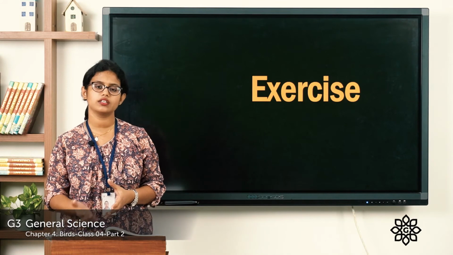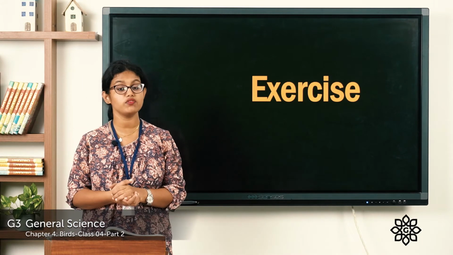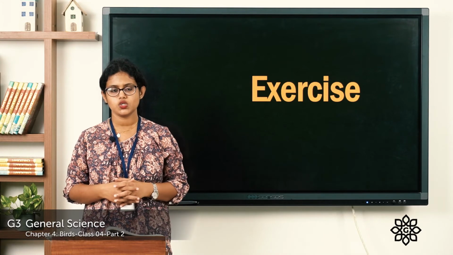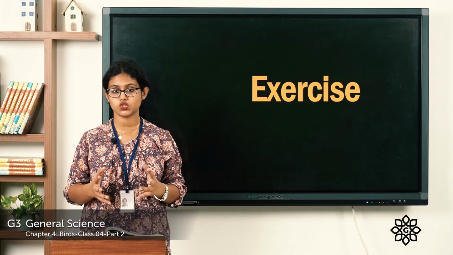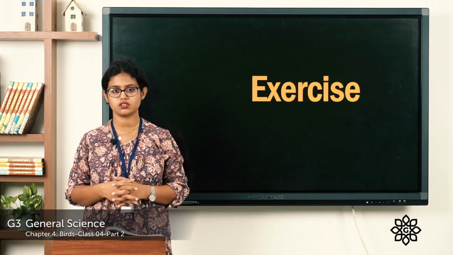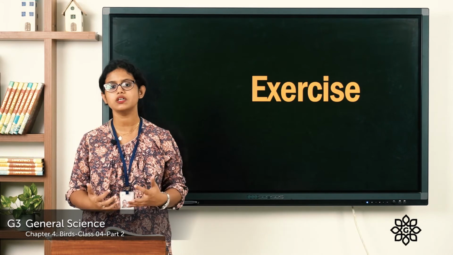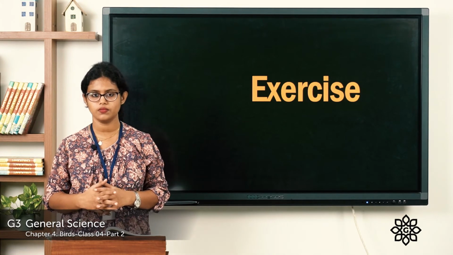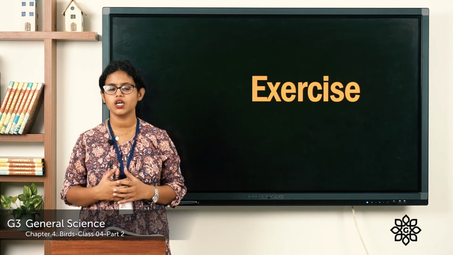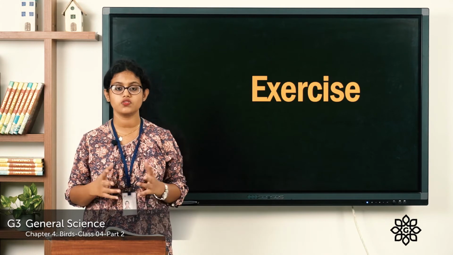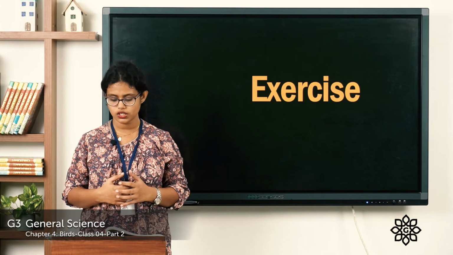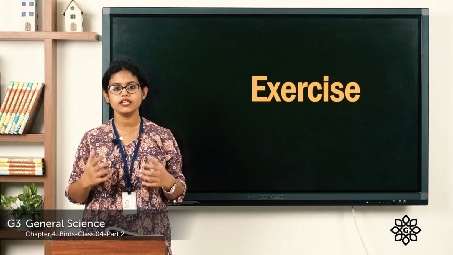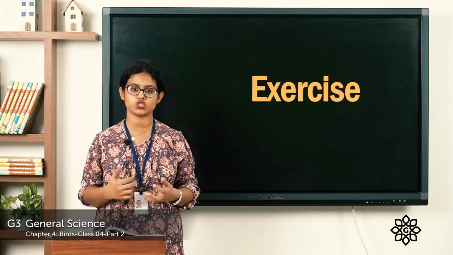And the last one, let me ask you, have you heard about the scientist named Charles Darwin? So this Charles Darwin was a naturalist. You know who is a naturalist? The person who is an expert in the natural world is called a naturalist. And this Charles Darwin, during his research work, found birds called finches. And he found 12 types of finches.